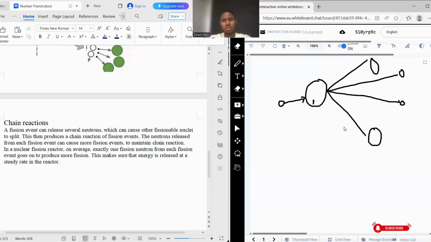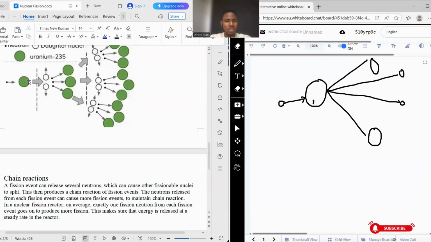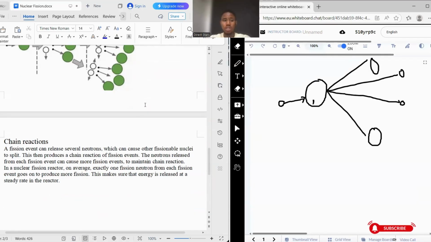And we have the last one, which is called chain reaction. The reaction that occurs here is what we call a chain reaction. These smaller nuclei collide with the big atom, giving birth to another daughter nuclei, which collide with another neutron. All this reaction is what we call a chain reaction. It's a fission event that releases several neutrons, which can cause other fissionable nuclei to split too.